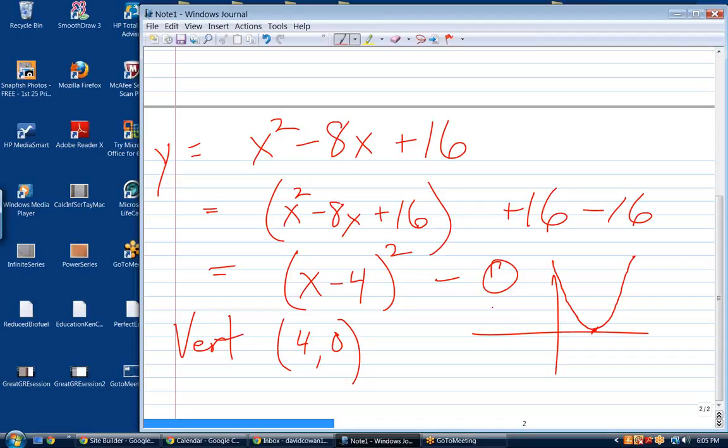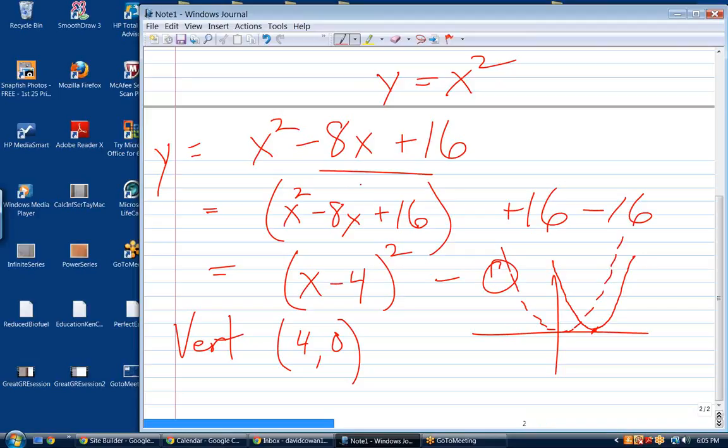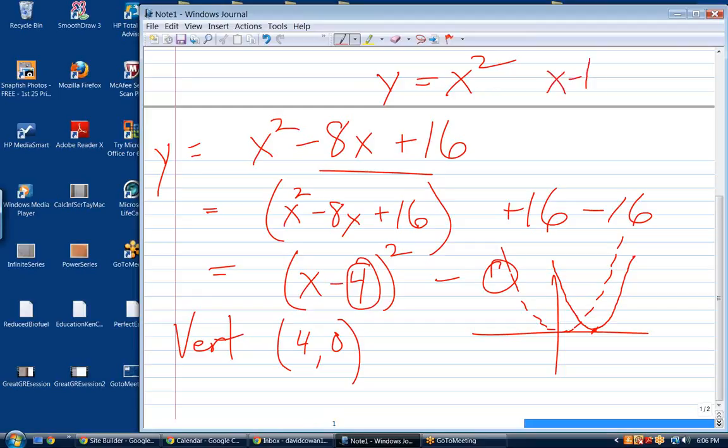Well, if we plotted y equals x squared, it would be right here. So this function we plotted is y equals x squared translated 4 units to the right. It's always x minus h when we're talking translations, and a positive h is translated to the right. In this case, h is positive 4.